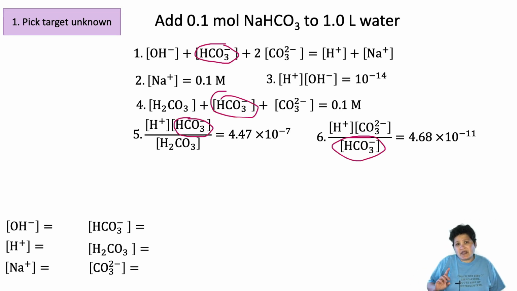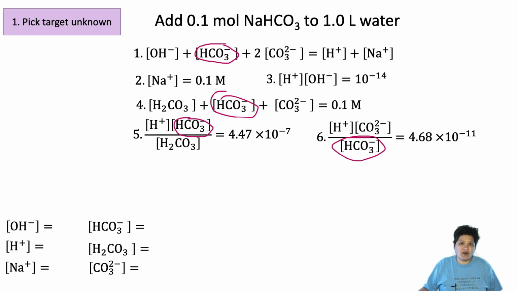Now, I could pick H+, since H+ appears in basically the same number of these equations that bicarbonate does. The reason I'm not picking it is because I know that sodium bicarbonate is a base. And that tells me H+ is going to be fairly small. And it's easiest to work with something that is not going to be terribly small.